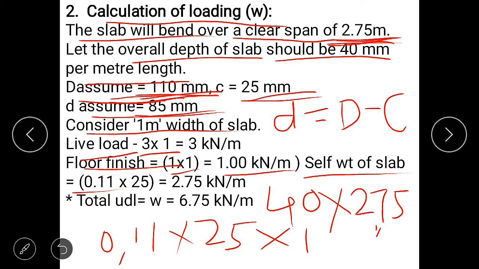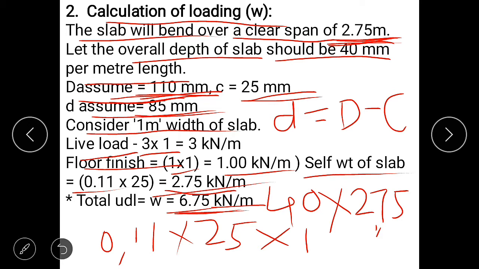So 0.11 into 25 into 1 is 2.75 kilonewton per meter. Now addition of these three, live load, floor finish load, self weight, so the total is 6.75 kilonewton per meter.